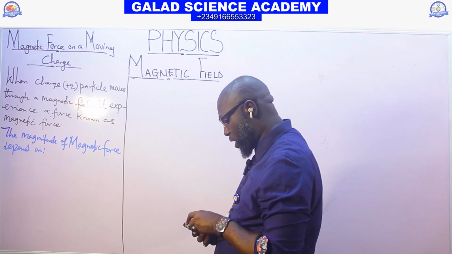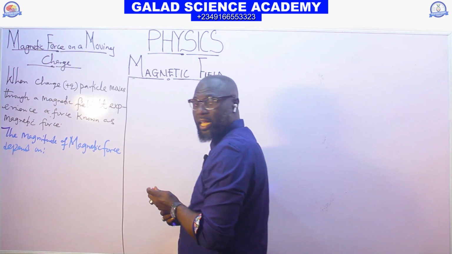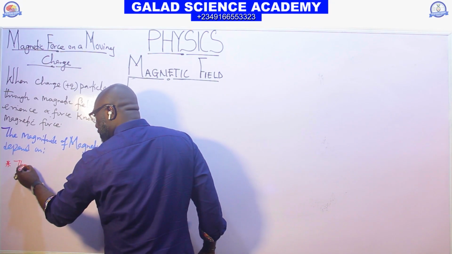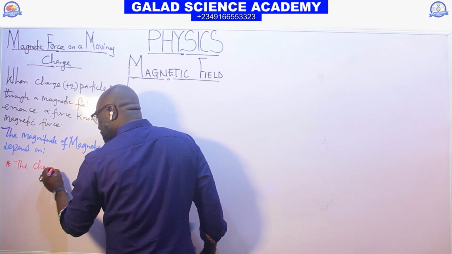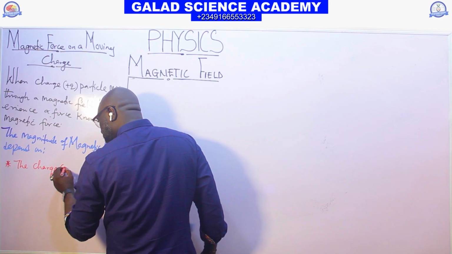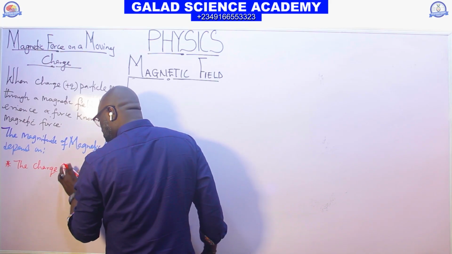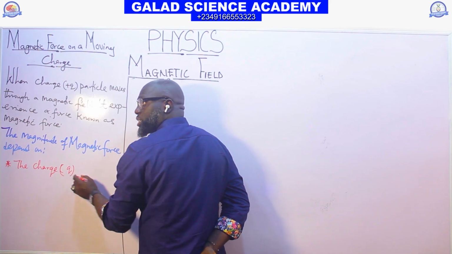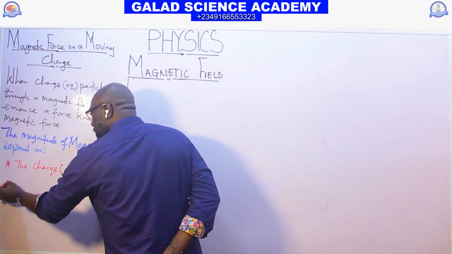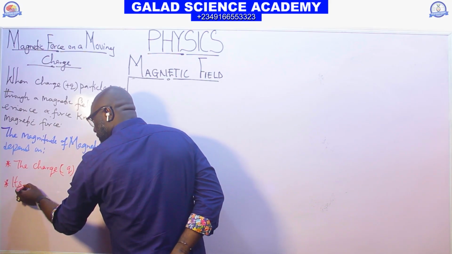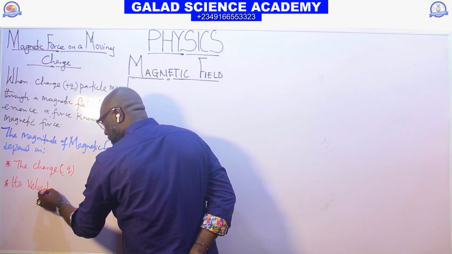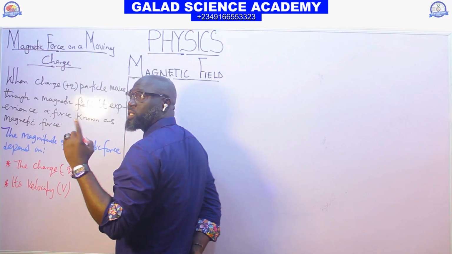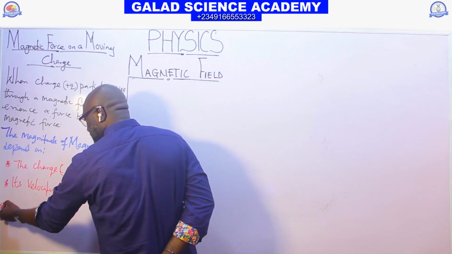The first one is charge, Q. The second one is its velocity, V. The third one is the magnetic field strength.